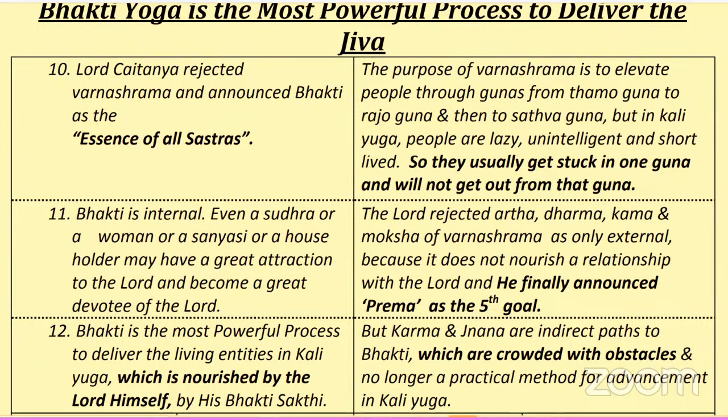He introduced a new goal, the fifth goal, as Prema. He said these four Purusharthas, four goals, are not good for you. So better you leave it and you have a new goal. I'll give you a new goal. So he gave Prema as the fifth goal. So we devotees, we are all aspiring for this fifth goal, Prema. We are not aspiring for Artha, Dharma, Kama, and Moksha.